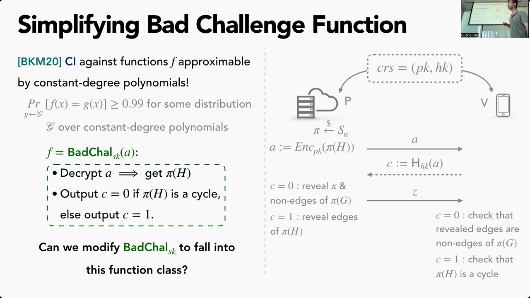Okay. That means you basically want to have an approximation of, so you're inputting A, you want to have a polynomial that basically replicates the behavior of the bad challenge function, right? Yeah. Okay. So I guess you probably need A to be in some combinatorial form. The function should hold for any x.